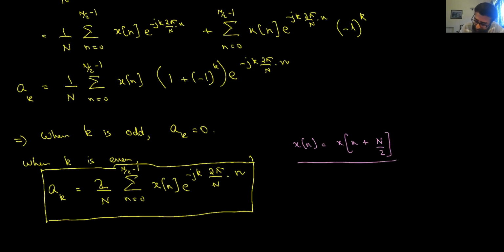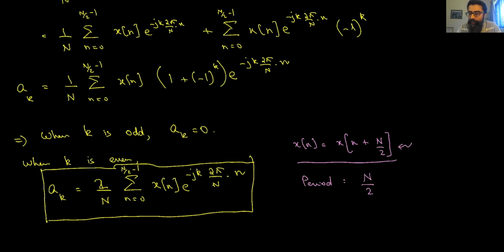If you really think about this, the period is actually n by 2 because of this condition. This condition means that capital N is a period, but n by 2 is also a period. So capital N was actually not the smallest period that you had.